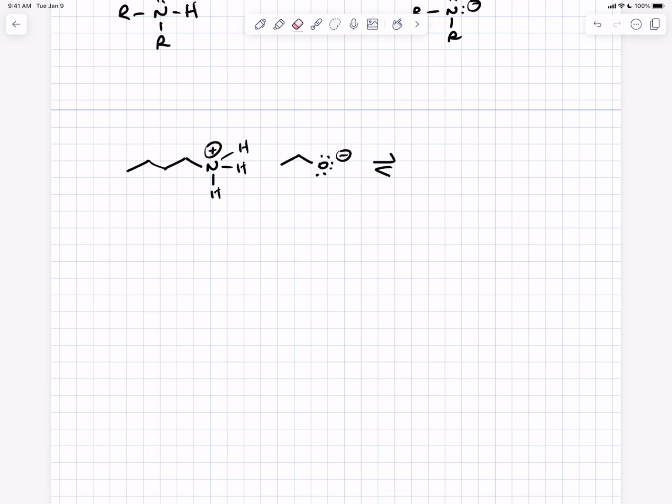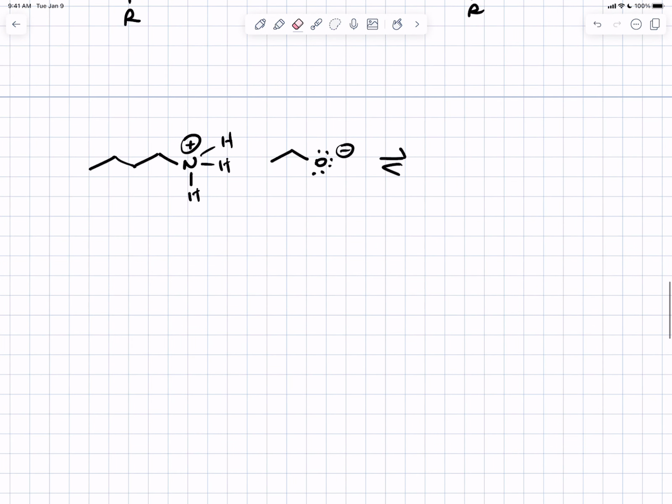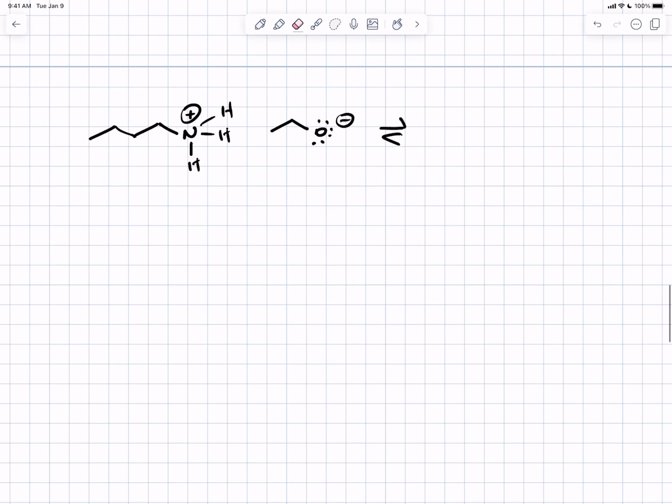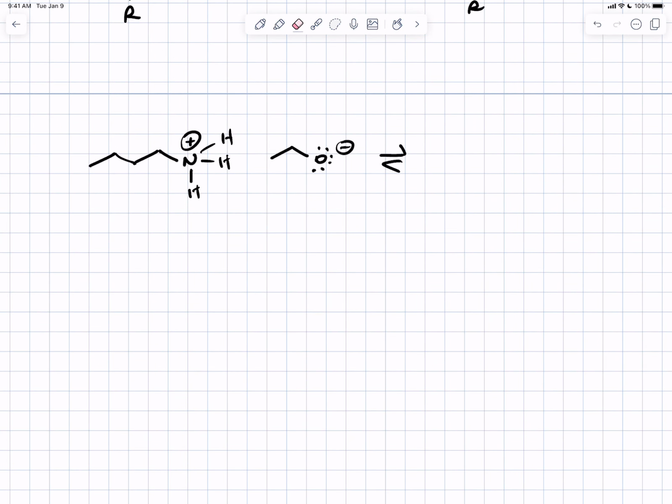You want to identify the acid and the base on one side of the equation. So here it's pretty clear the positively charged thing with protons on it should probably be the acid, and the negatively charged thing should probably be the base.